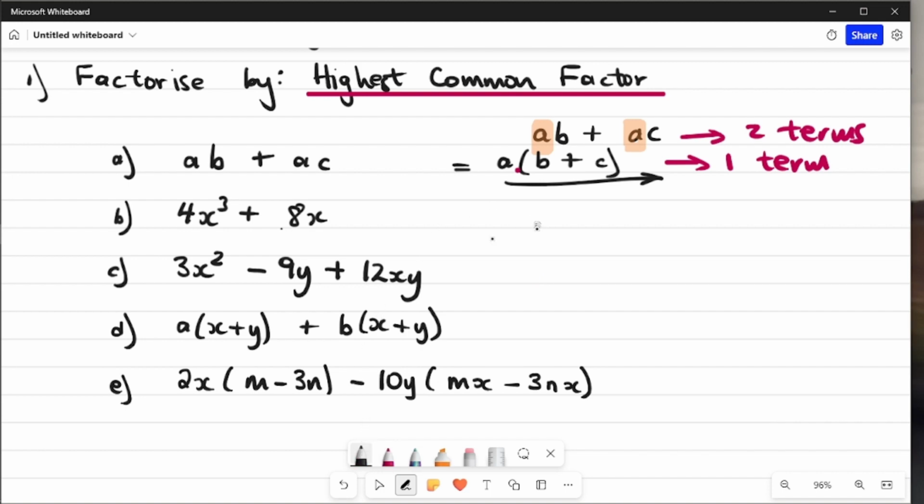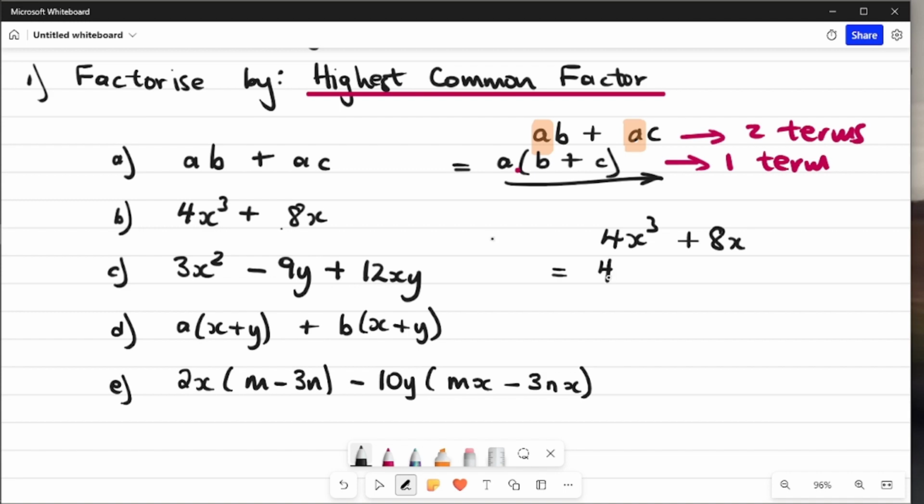Question B, we have 4x to the power of 3 plus 8x. Now when they say factorize B, we look for the common factor. I like to take a long route here, just to simplify it, and then on the next questions we are just going to simplify everything.